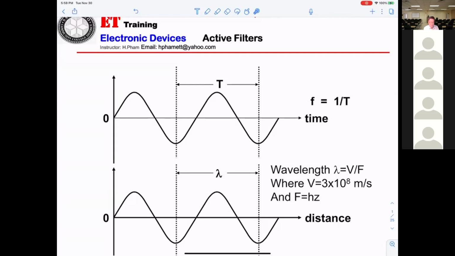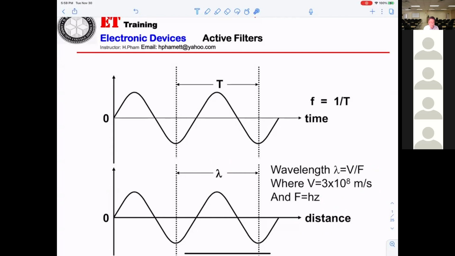Okay, and now another one. You get a lambda here, and this will be a distance. Lambda is the wavelength, equal V divided by F, and V equal 3 times 10 power 8 meter per second. F will be in hertz.